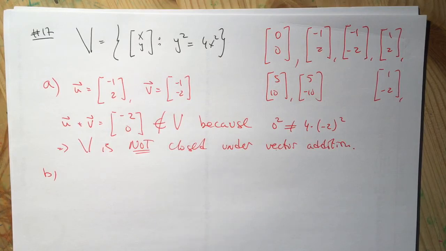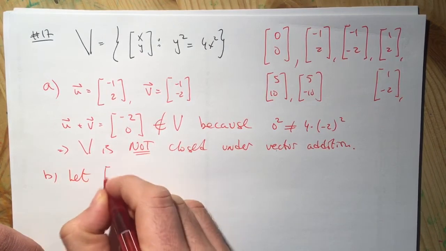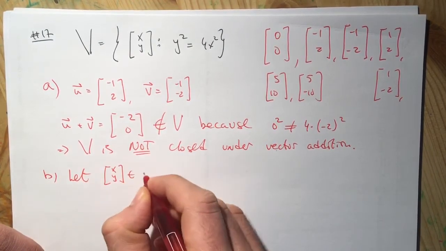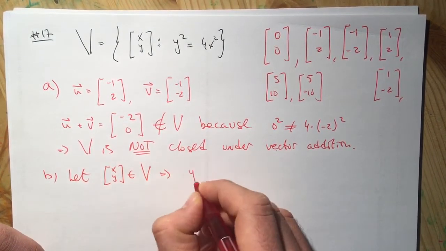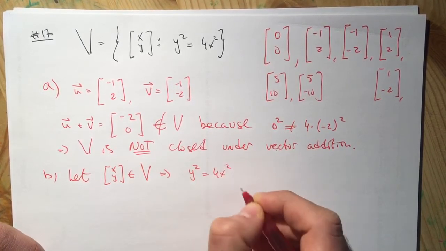So I take a vector from V, for which that means that this is satisfied.